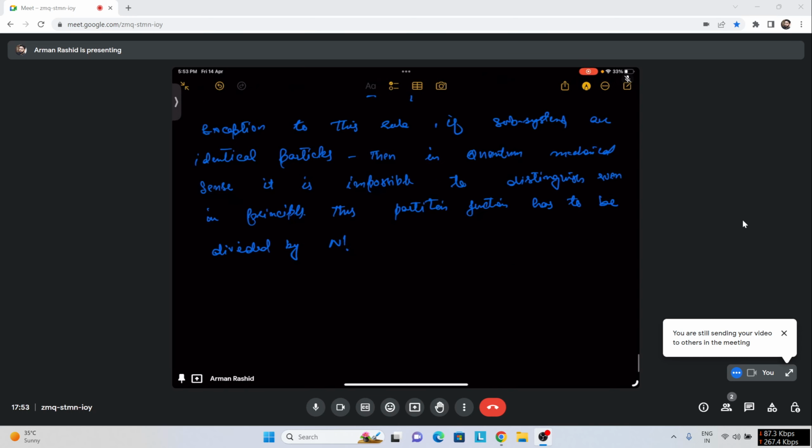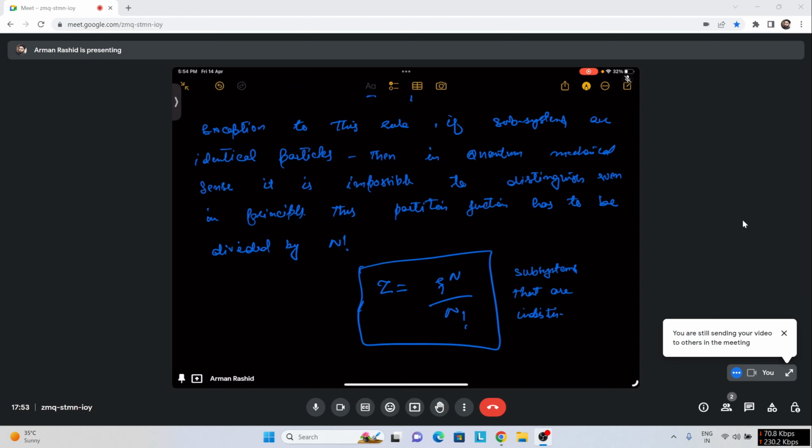So total Z will be equivalent to zeta raised to the power n divided by n factorial. This is for subsystems that are indistinguishable.